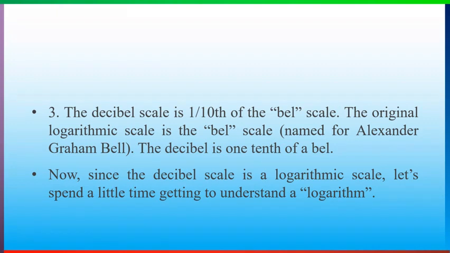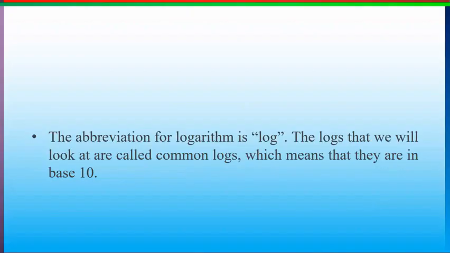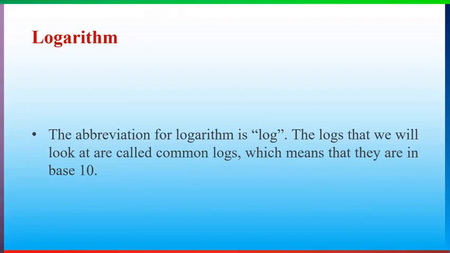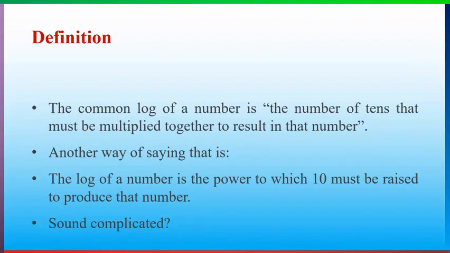Now, since the decibel scale is a logarithmic scale, let's spend a little time to understand the logarithm. The abbreviation for logarithm is log, and the logs that we will look at are called common logs, which means they are based on 10.